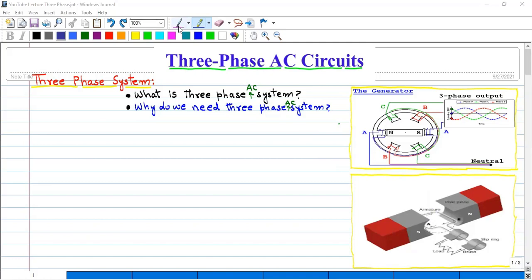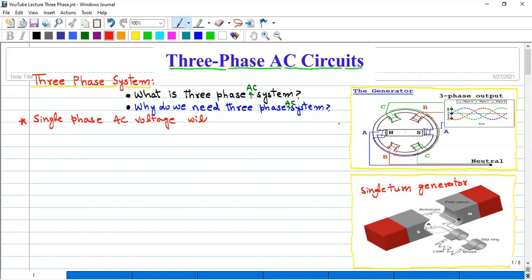So this is the single-turn generator. In case of single-turn generator, single-phase AC voltage will produce.